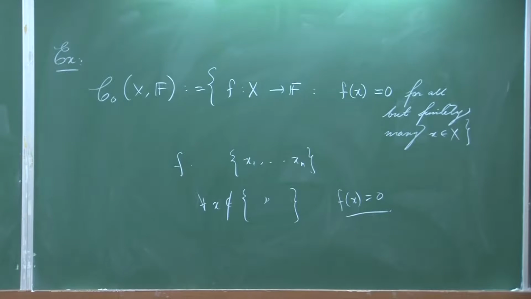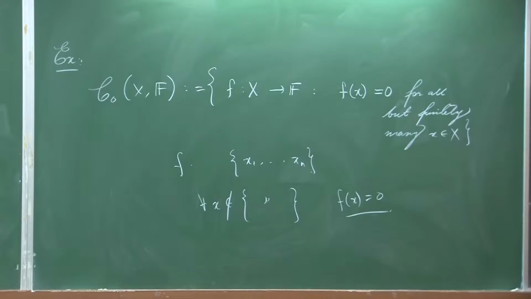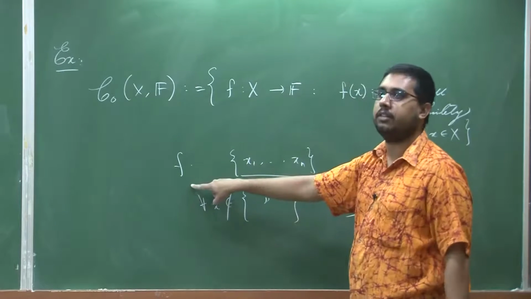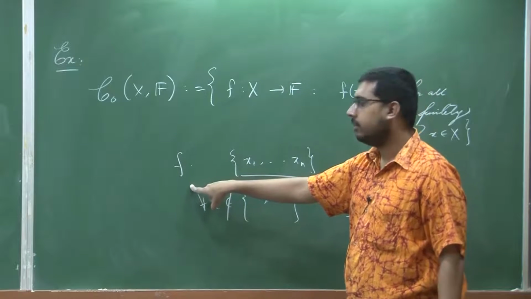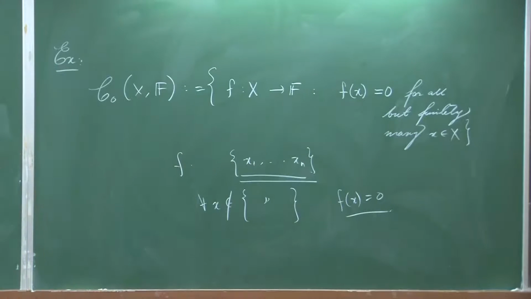So I am considering all those functions for which I have a finite set in whose complement the function vanishes identically. Please do not confuse yourself with the wrong impression that this set is fixed for all the functions f. It is not the case that I have fixed a set and am considering all the functions which vanish identically beyond that.